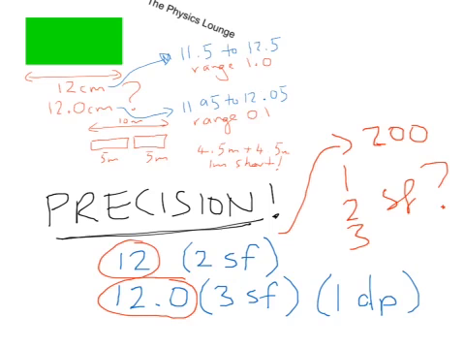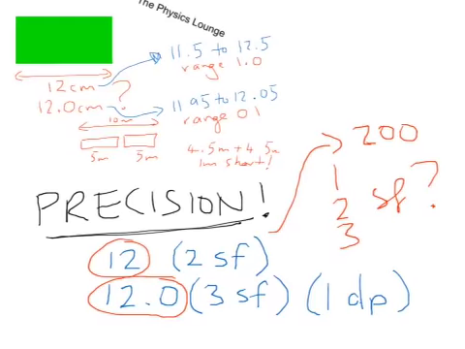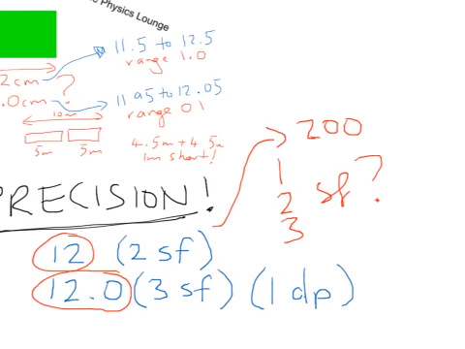But this might be very precisely measured to 200. It might not be rounded up from 170 or down from 247. So this could actually be very precisely measured, in which case we need to have the little statement beside it saying 3 SF. So that's really important that we understand these ideas.